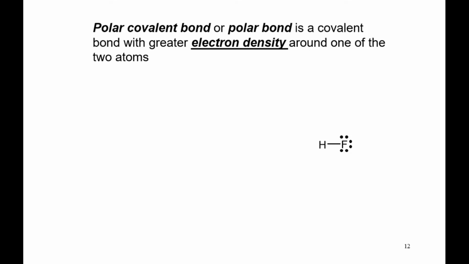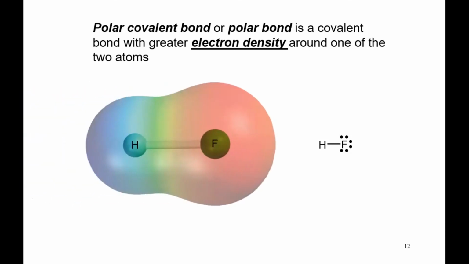If I were to map out the electron density, the clouds of electrons around these actual atoms, I would see something like this. In this picture, I don't know if you can see the colors, it looks bluish around the hydrogen and pink around the fluorine. But what that means is that the region around the hydrogen is electron poor, and the region around the fluorine is electron rich.